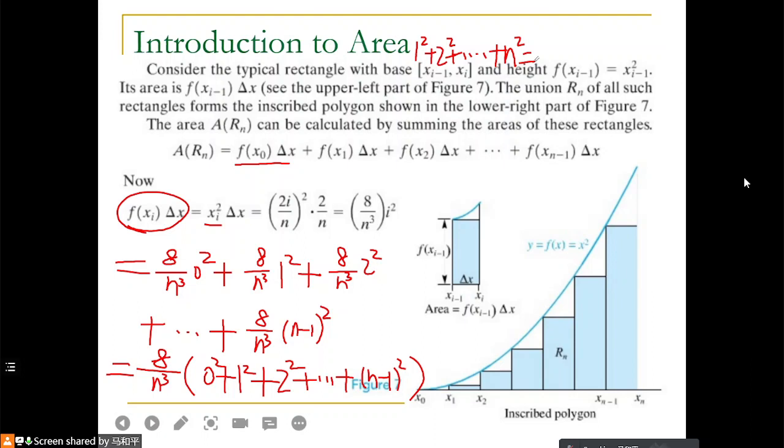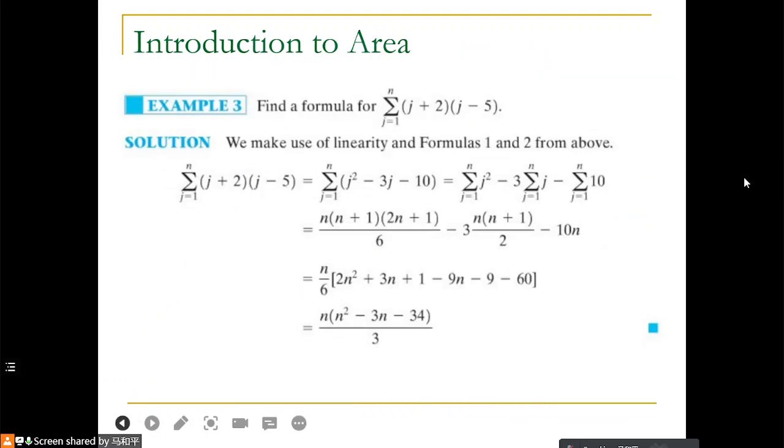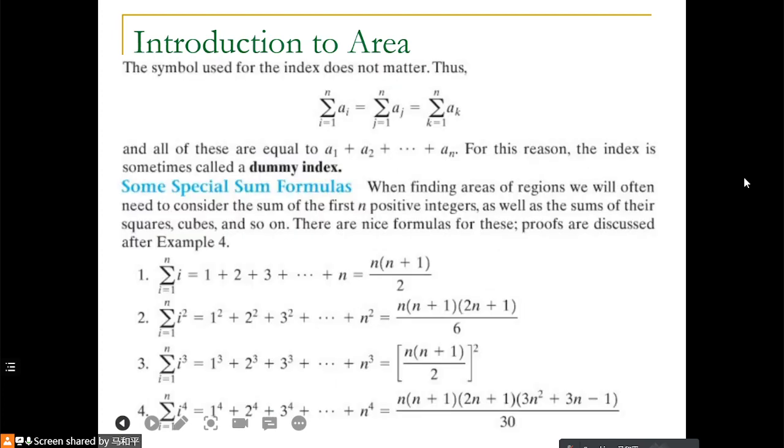Is equal to n is equal to the second formula. Is equal to this one.